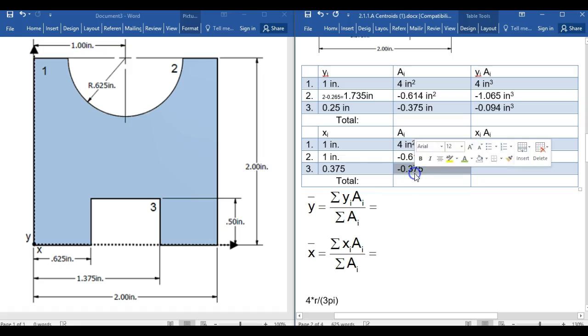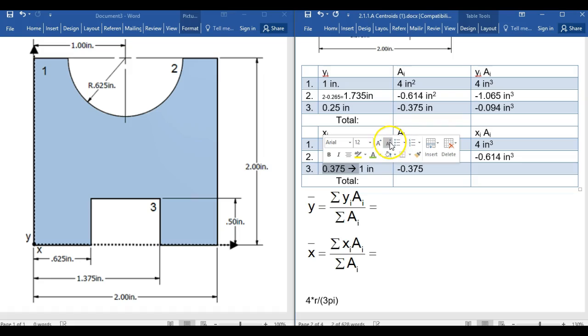So this is actually going to be 1 inch. And I'm going to make this a little bit smaller so that it de-emphasizes it. But the most important thing is the 1 inch, which you notice is the same for the large square and the semicircle. We have a line of symmetry here at the 1 inch mark on the x dimension.